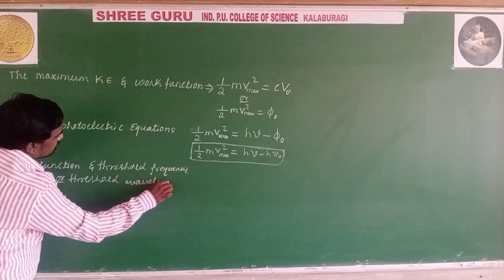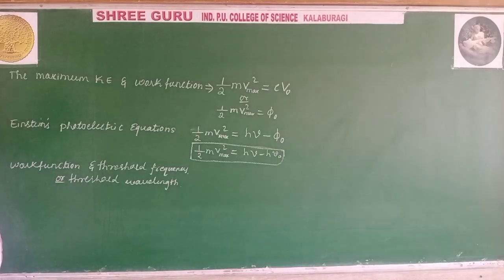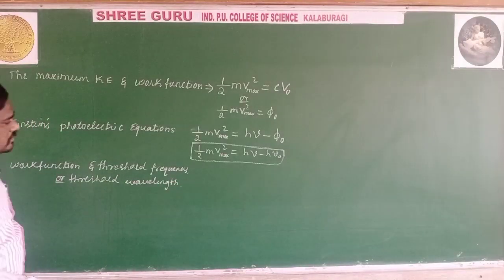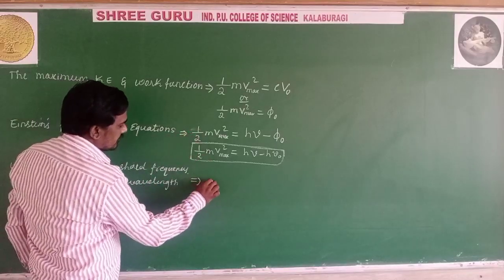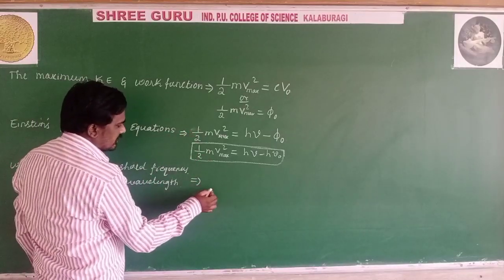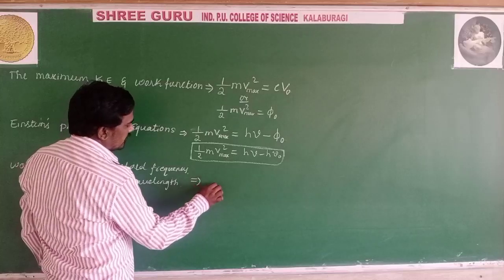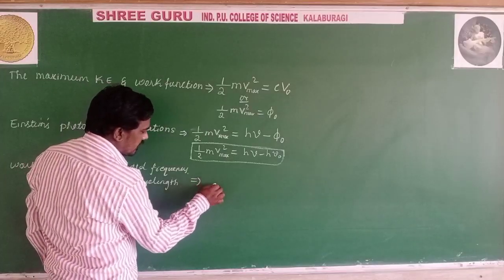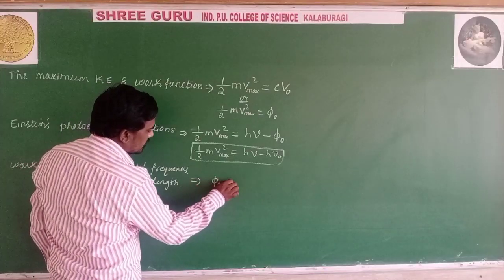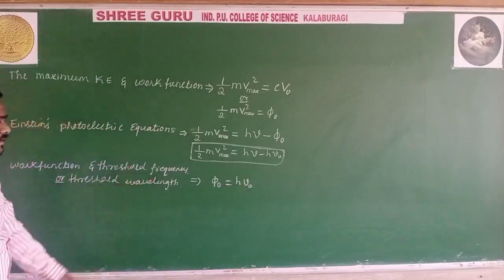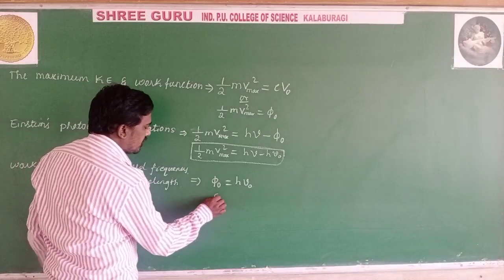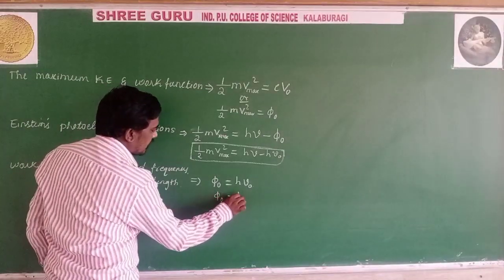If they ask in the numericals to find the threshold frequency with respect to the work function, we should write work function phi naught equal to h nu naught in terms of frequency, or in terms of wavelength, phi naught equals h nu naught.